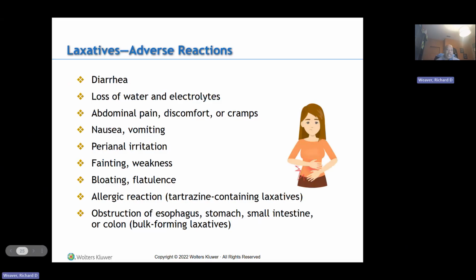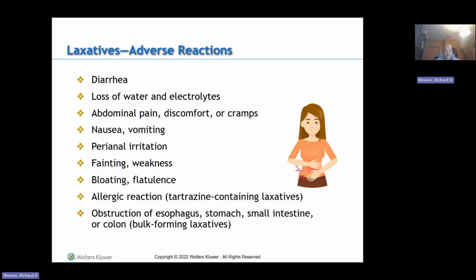All right. Another thing I need you guys to keep in mind is that prolonged use of laxatives can result in serious electrolyte imbalances, as well as laxative habit. That is when patients become dependent on laxatives to have a bowel movement, especially the older population. They tend to become habit forming for them.